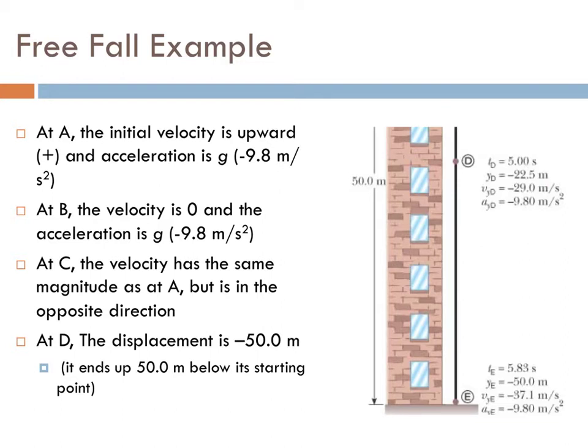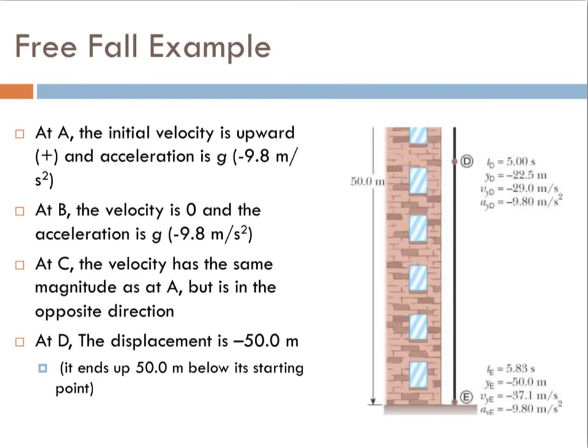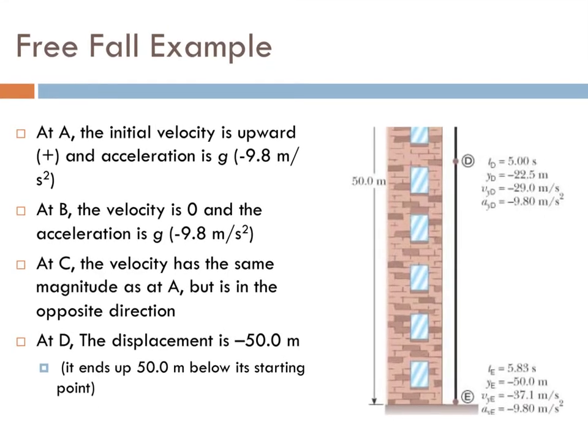Here we're looking at point D. Point D is now beyond where we started. Our little guy is over here, or somewhere over here. This is where he tossed the ball upward. The ball reached its highest point. Now it passed its original position, and now it has moved beyond that. This is happening 5 seconds after we tossed it.